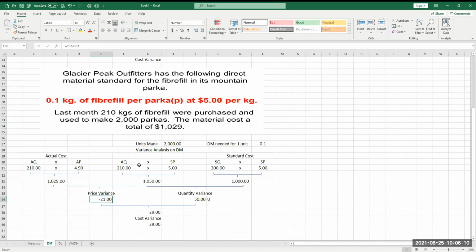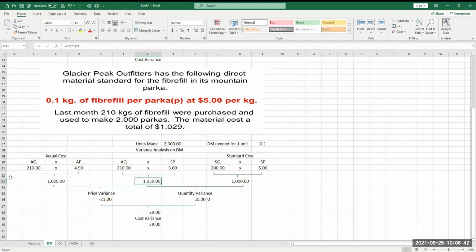Now, the other question is, let's compare this number with this number. Now, okay, I'm using 210 kilograms to produce 2,000 units. Based on my standards, I'm supposed to pay $5 per kilogram. In reality, I pay $4.90, because I'm paying less, 90 compared to my standards.